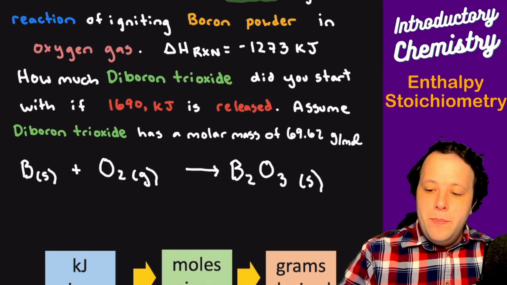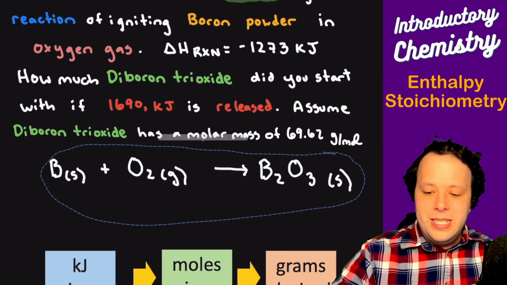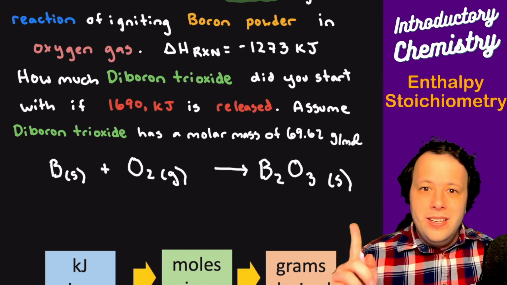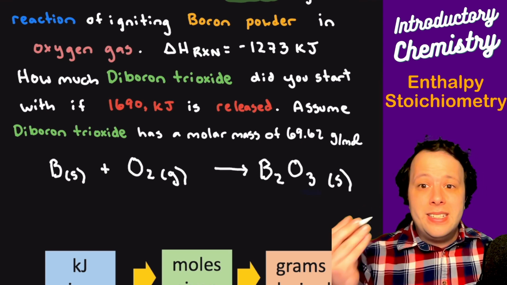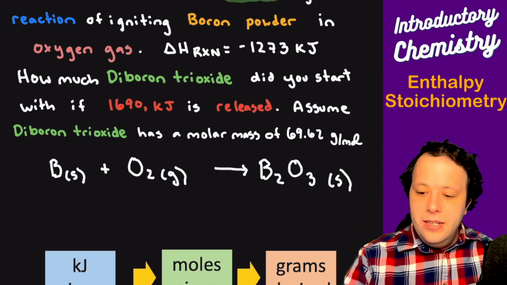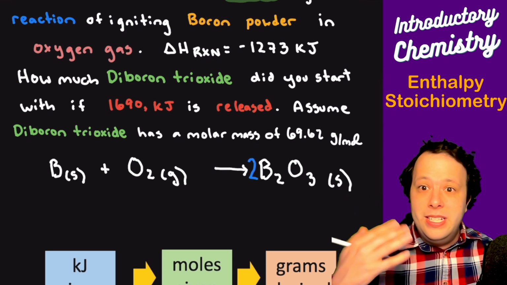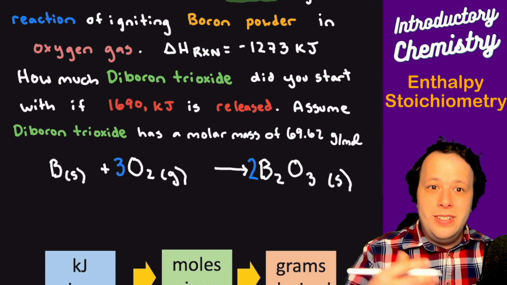When we are balancing this, we have to make sure that we are using our coefficients. The first tip and trick I always say is let's even the odds. You can see that we have 3 oxygens on the right, meaning it's odd. So let's even it: we add a 2 in front of that to make a 6, which is an even number. I'll add a 3 in front of the oxygen on the left-hand side.